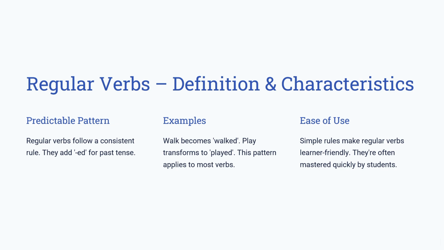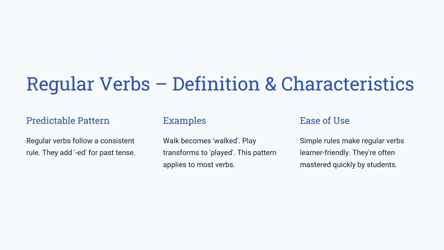This consistency makes regular verbs relatively easy to learn and use because the rule is simple and applies in most cases. The simplicity of these rules means that once you understand the pattern, working with regular verbs becomes much easier.